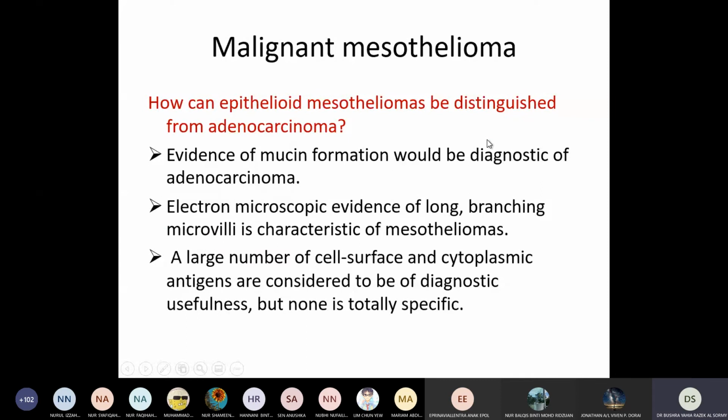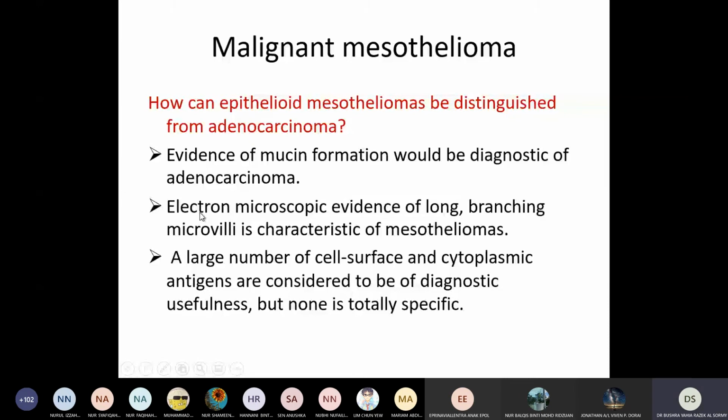So how can epithelioid mesothelioma be distinguished from adenocarcinoma? Mucin would be diagnostic of adenocarcinoma. Also, by electron microscope, we can see branching microvilli, which is characteristic of mesothelioma.